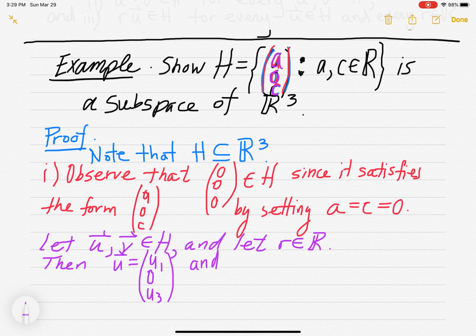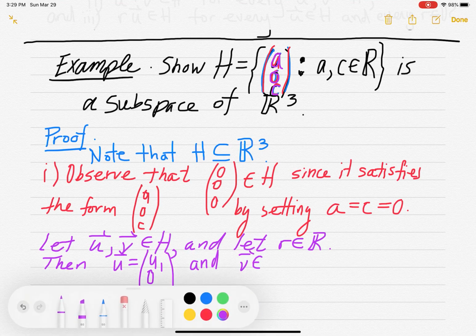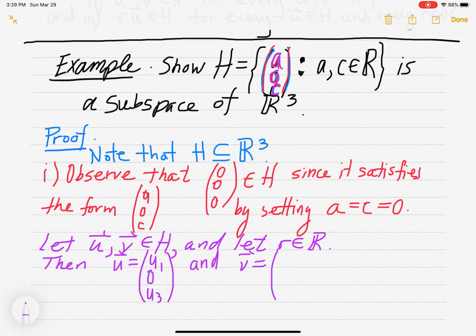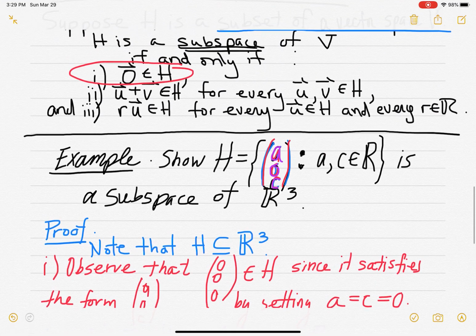And V, since V is an element of H, is going to take on that same form. V is going to have a first arbitrary entry, let's call it V1. The second entry is going to be 0. And the third entry is going to be arbitrary, let's call it V3. Okay, now we're ready to do the second step.